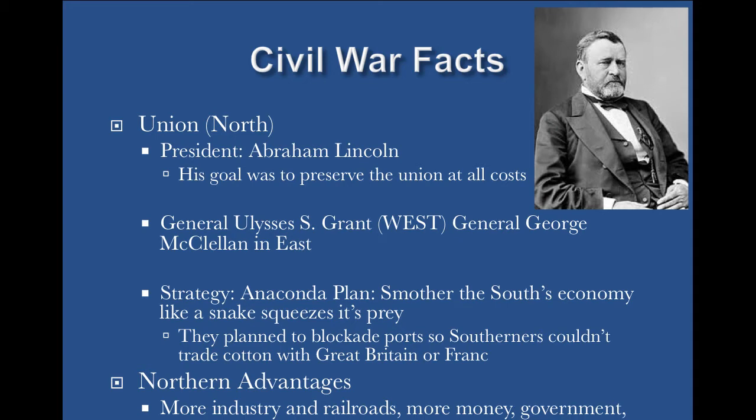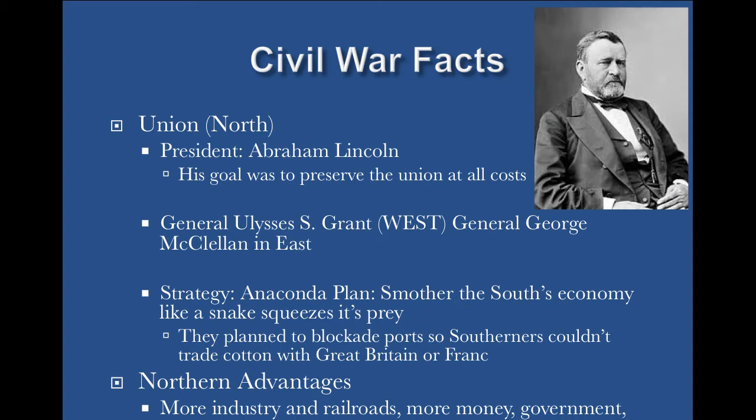The generals that are in the east, there actually are several. Lincoln puts about 4 generals into power in the east, but the general who starts out manning the eastern front of the war is General George McClellan. But like I said, the main general that you need to know about is General Ulysses S. Grant. He starts out in the west, but he eventually takes control of the entire Union Army.